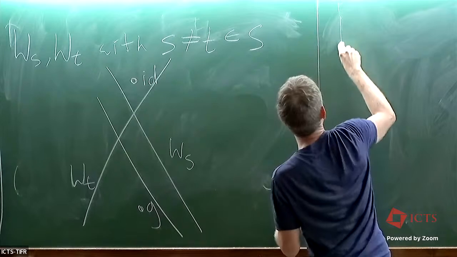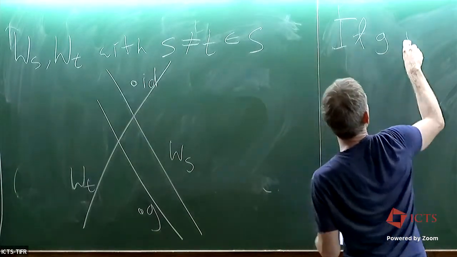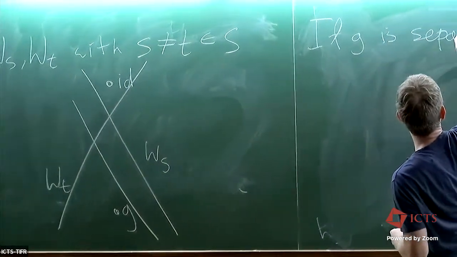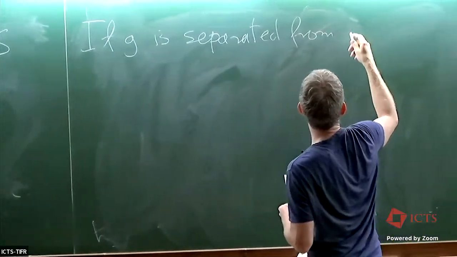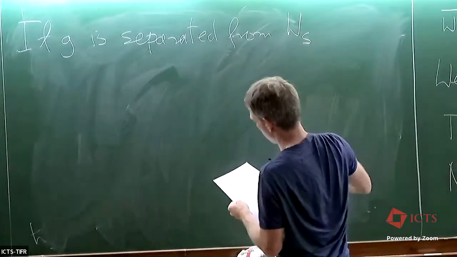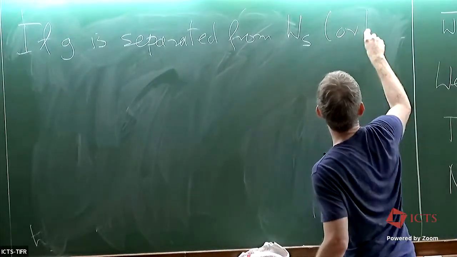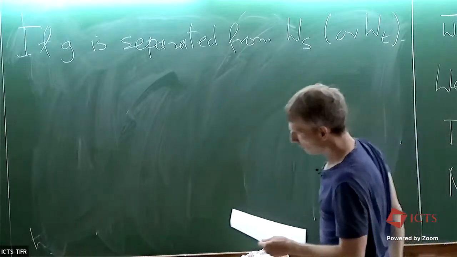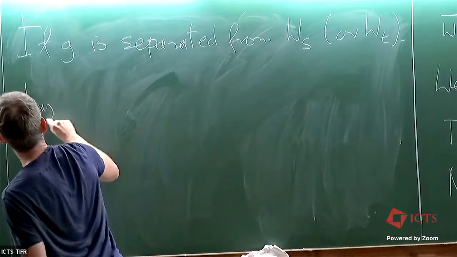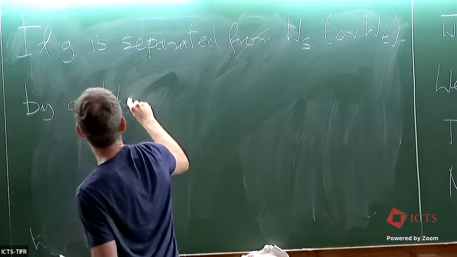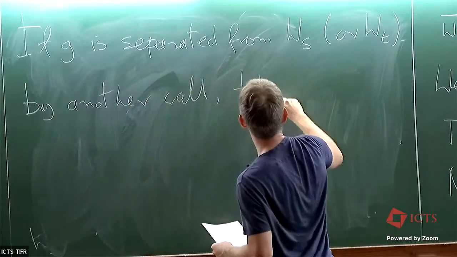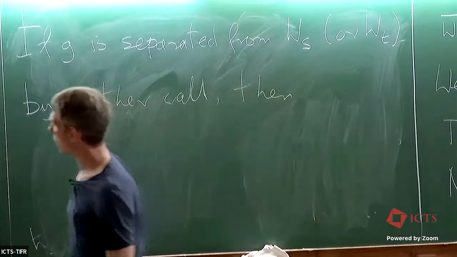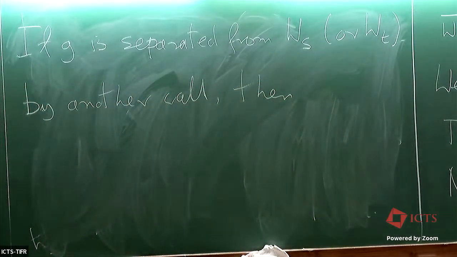Then G will be separated also from other walls going through this point.